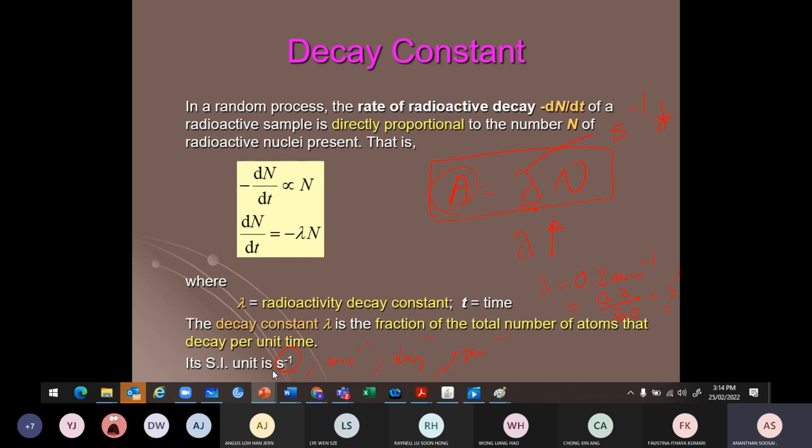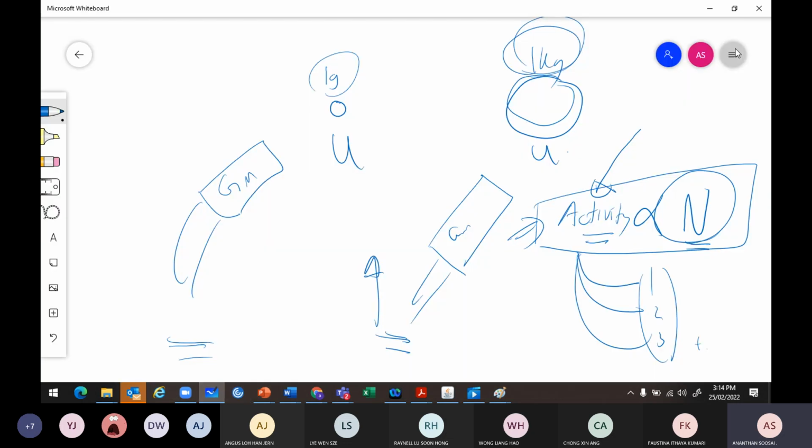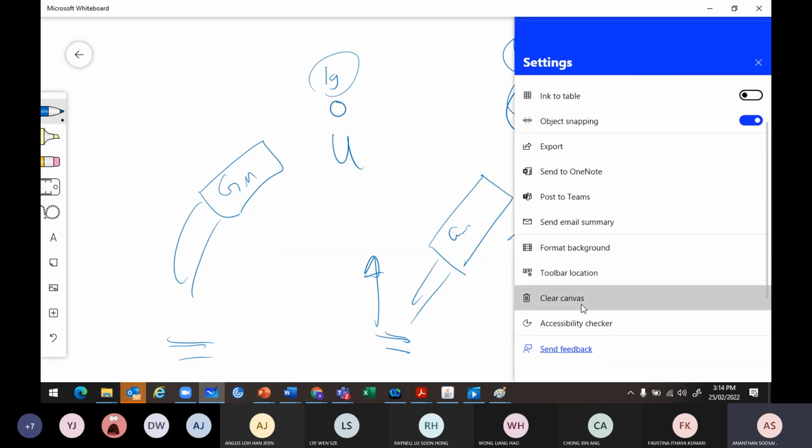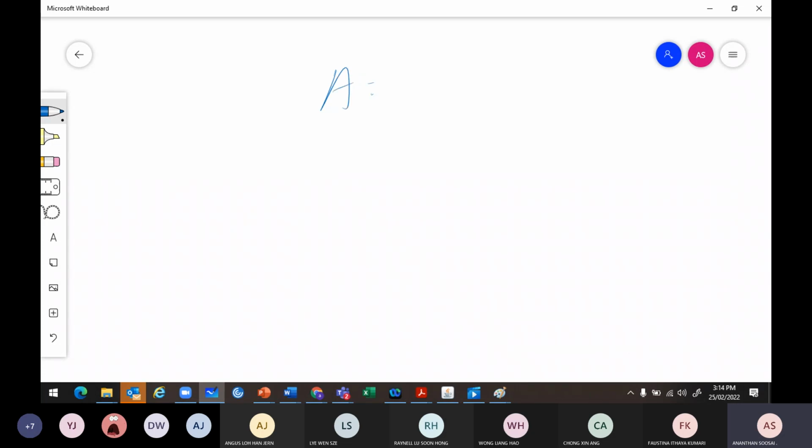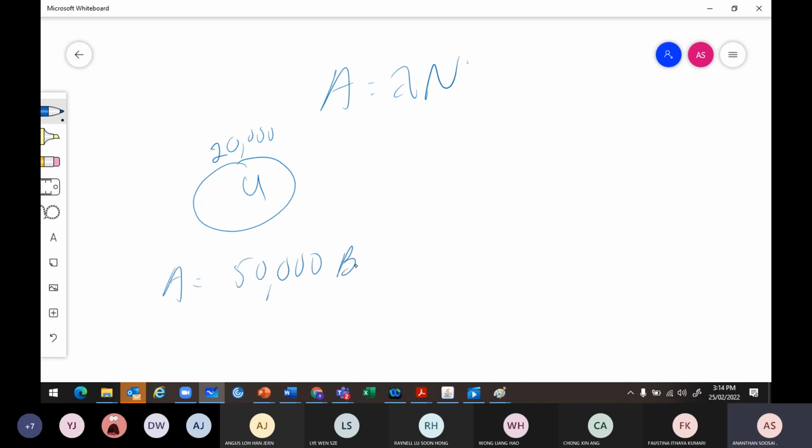So how can this formula be used in an exam? They will tell you there are 20,000 particles of uranium in this substance, and the activity is found to be 50,000 becquerel. The unit for activity is the becquerel.